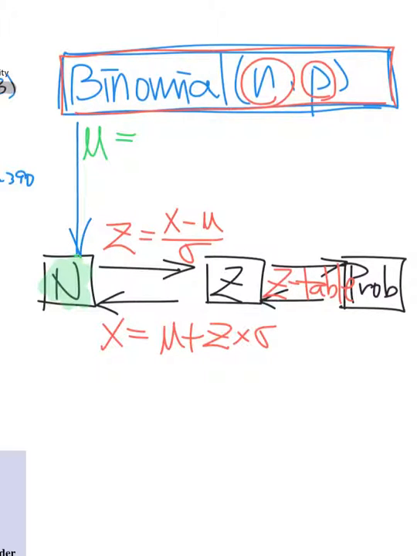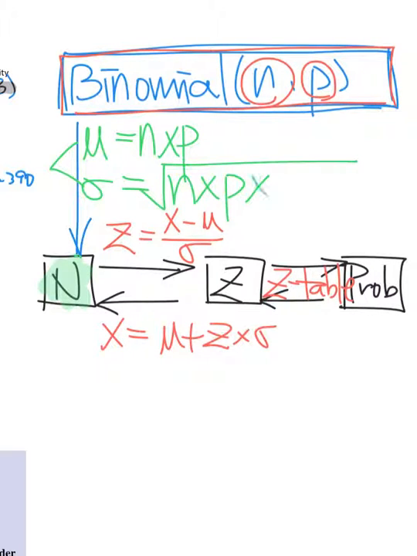Do you remember how we get the mean in the binomial? n times p, thank you. How about the standard deviation? Square root of n times p times 1 minus p. We are going to use them for the normal distribution. Okay?